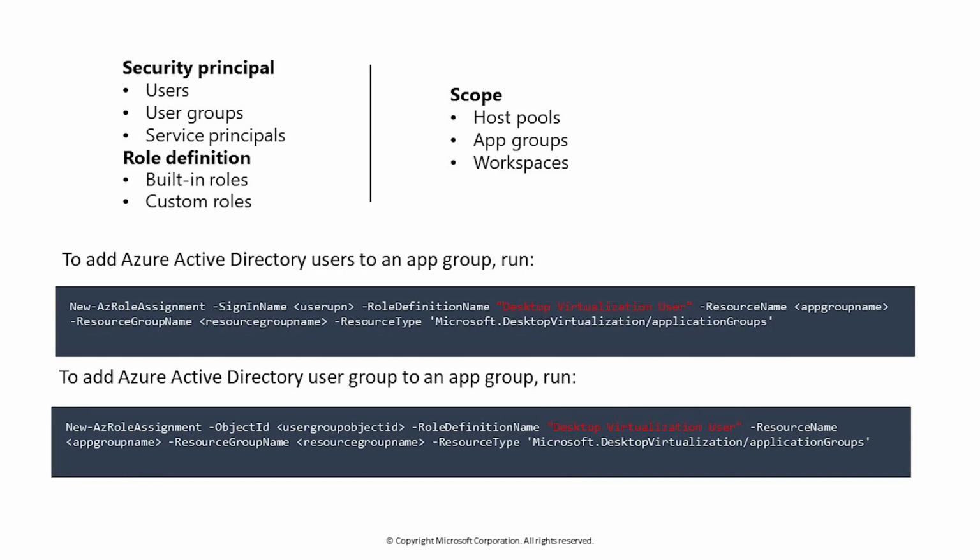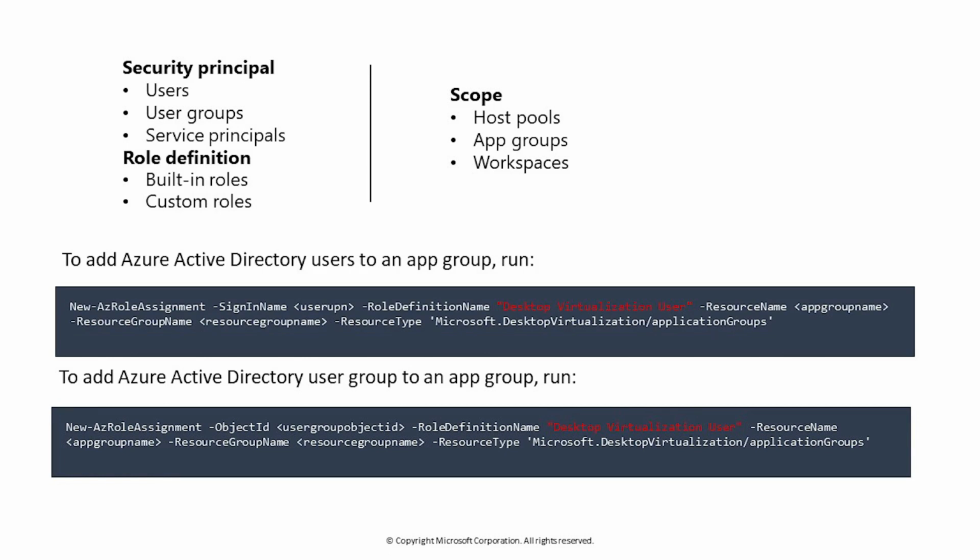All right. Whenever any kind of role is being defined, just keep in mind that the role assignment itself has three major components. One, the security principal. A user is an example of that.